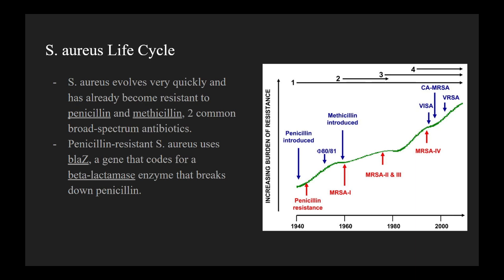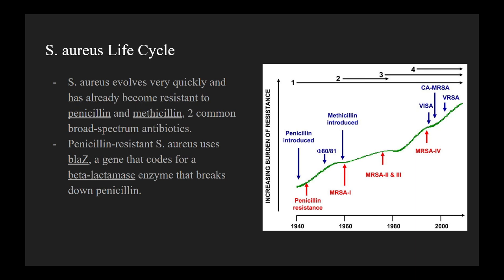So you can see this chart on the right side. Staph aureus developed resistance to penicillin first in the 1940s, and it did that by acquiring this gene called BLAZ. This gene codes for an enzyme called a beta lactamase.